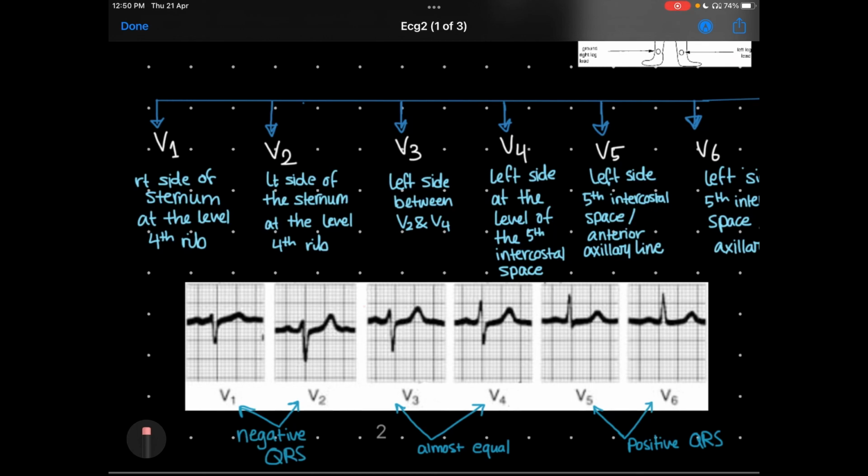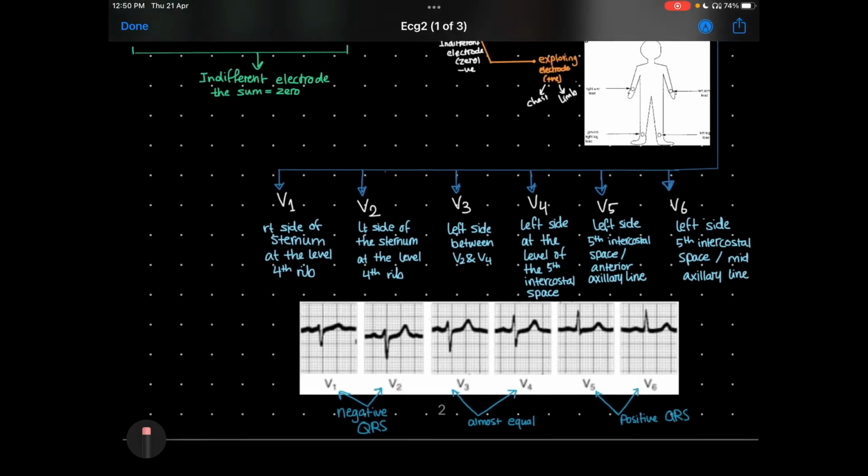We mentioned it in the previous video, you can go and check it. But what's important here is that V1 and V2 have a negative QRS, it is down. V3 and V4 are almost equal, as you can see here, more so at V4. V5 and V6 are positive, which means they are going to be up there.